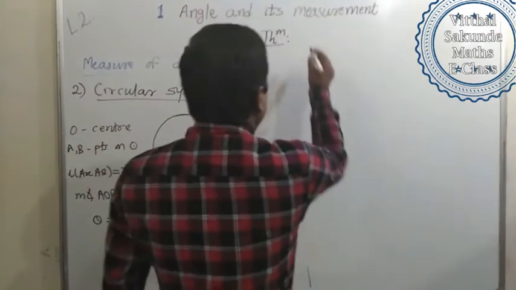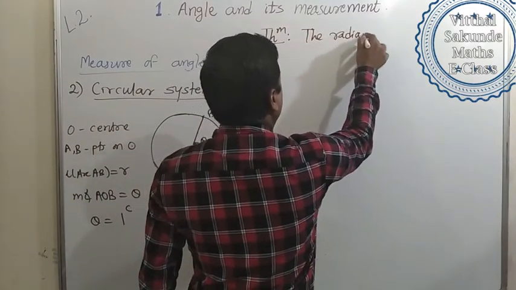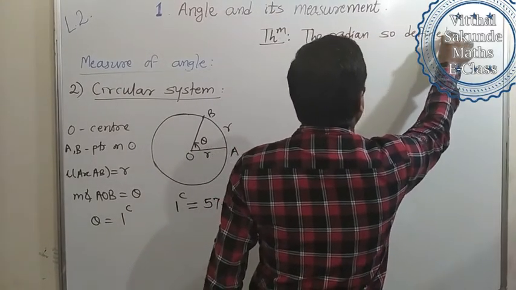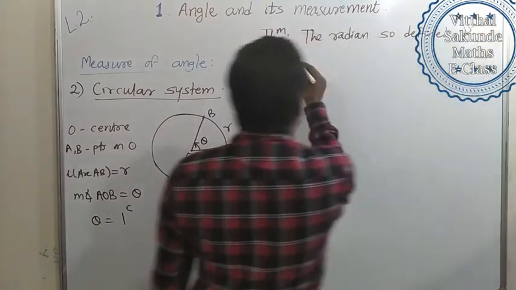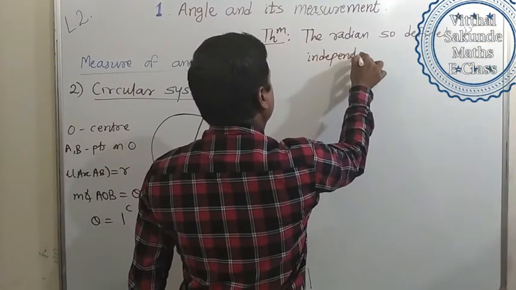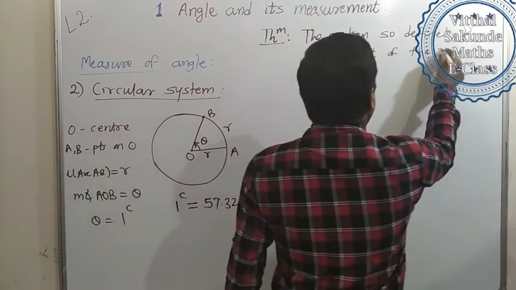The radian so defined is independent of the radius of circle.